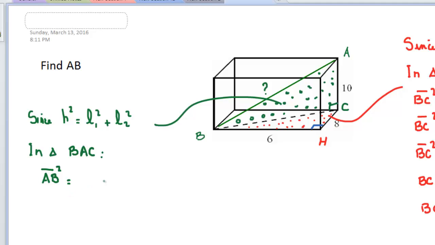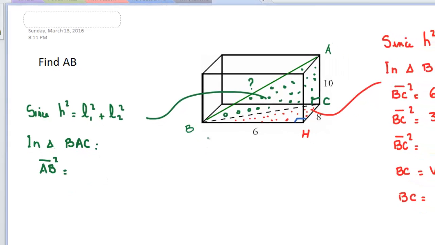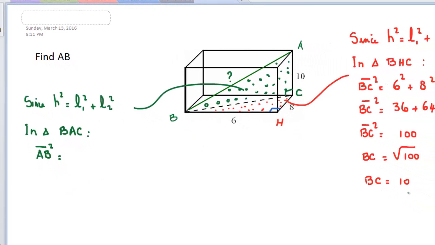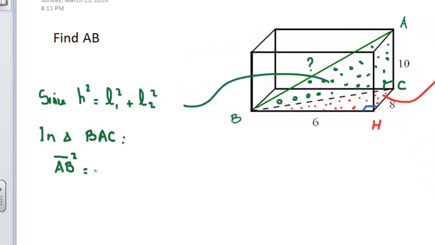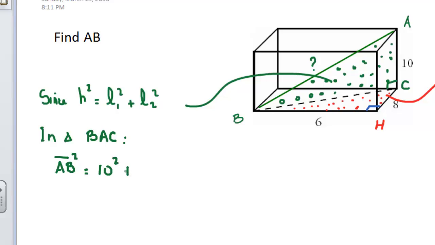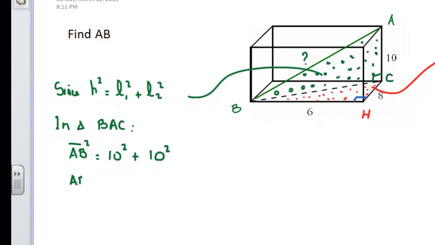Equal to what? Leg 1 and leg 2. Leg 1 is going to be the BC that I found here, so BC is my leg 1. That means 10 squared, plus the other one, which is also 10. So AB squared equals 100 plus 100, which means AB squared equals 200.